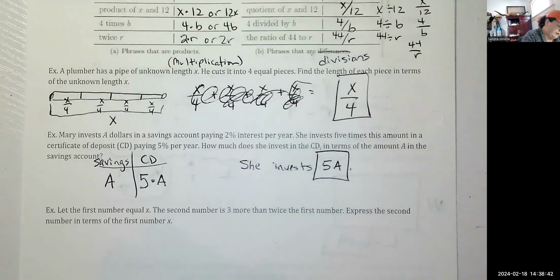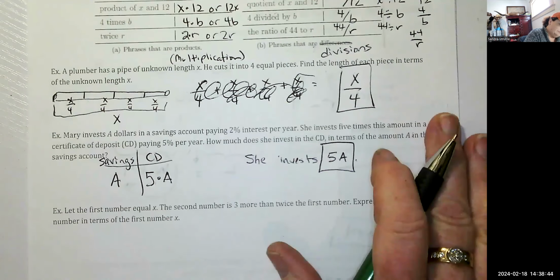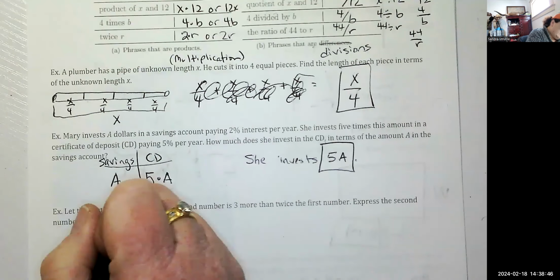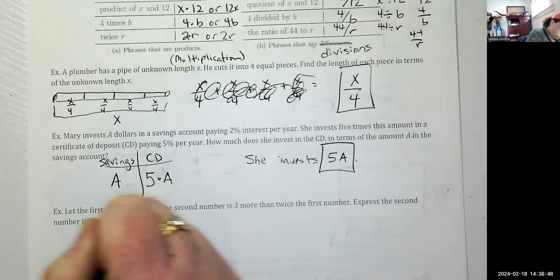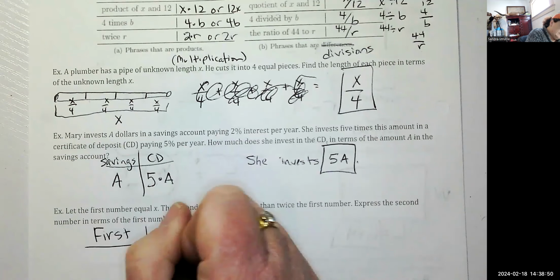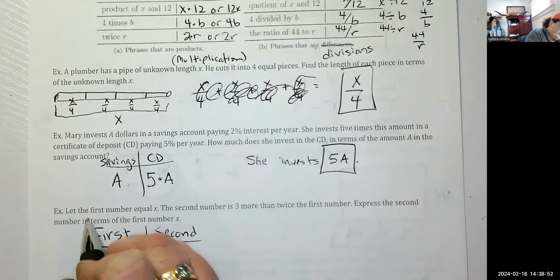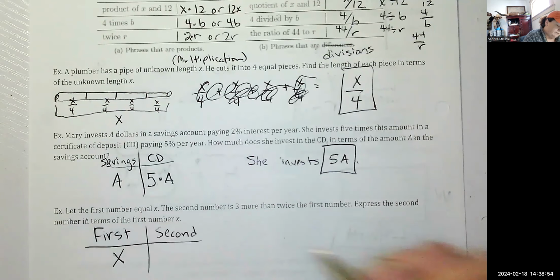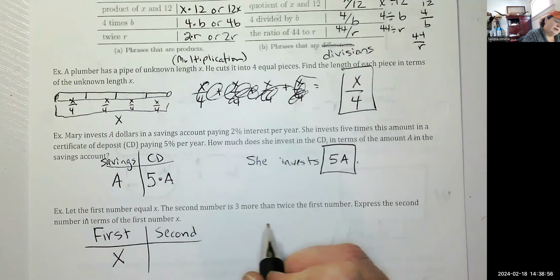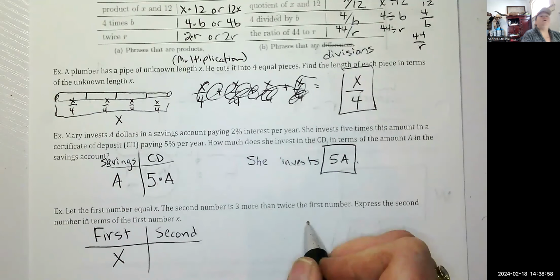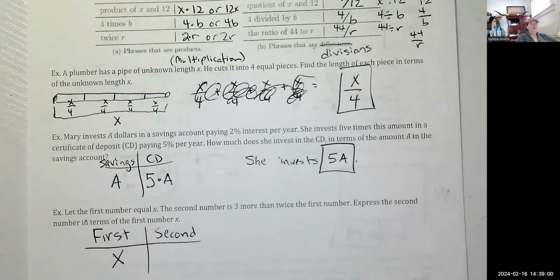Let the first number equal x. Okay, we got a couple numbers here. So we've got a first number. I'm assuming we're going to have a second. So the first number equals x. All right. The second number is 3 more than. Okay, so that's plus 3.